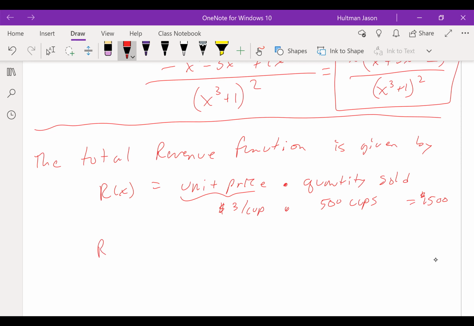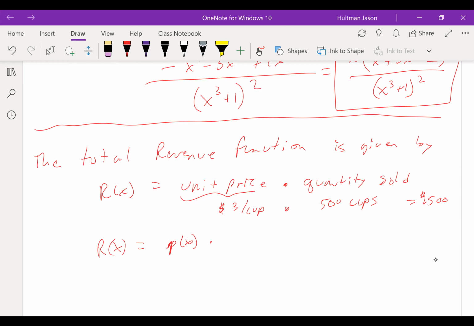So the unit price we're going to call little p. I'm going to put a little tail on that so you know it's a lowercase p of x. That's going to be my price function, times the quantity, or actually we'll just put x.